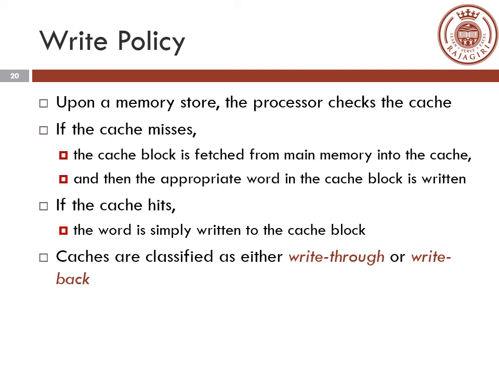If it is a cache miss, if it is not present in the cache, then that data will be fetched from the main memory into the cache, and the appropriate word in the cache block is updated or written. Now if it is a cache hit, which means that the data is present in the cache block, the data will be written into the cache.